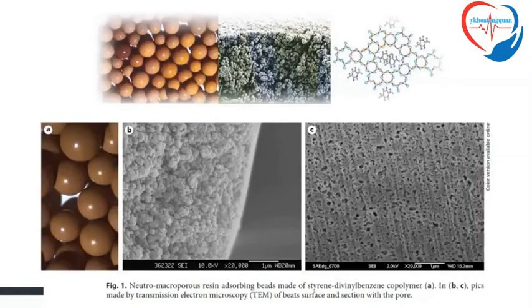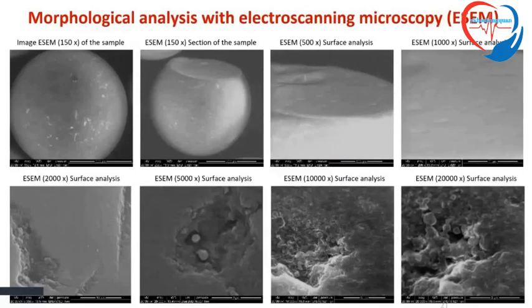But recently, there was a development of a series of resins that were particularly smooth and coated, and the neutral macroporous resins that are available today are extremely smooth and easy to be circulated in specific cartridges.